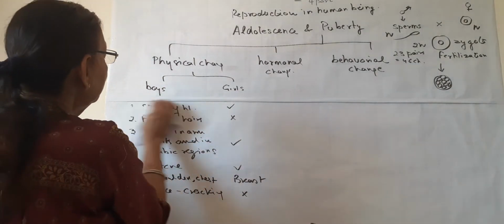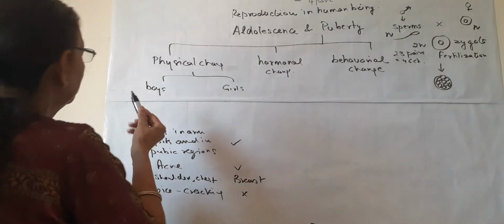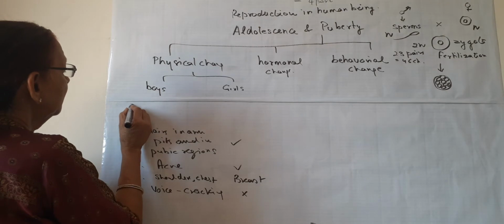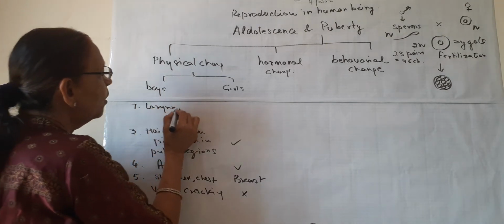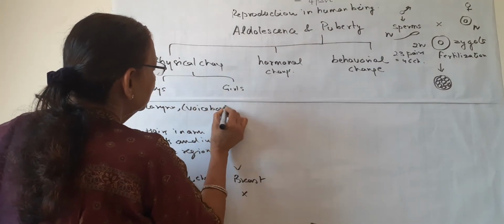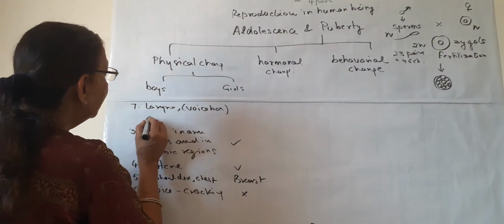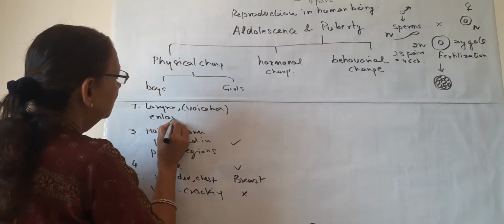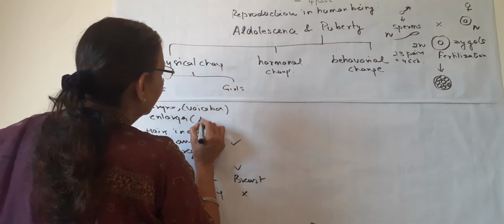And one more, in boys, all of you must have seen the larynx, the voice box. All of you know the voice box? This is the voice box here in the throat region. It enlarges, and this is known as Adam's apple.